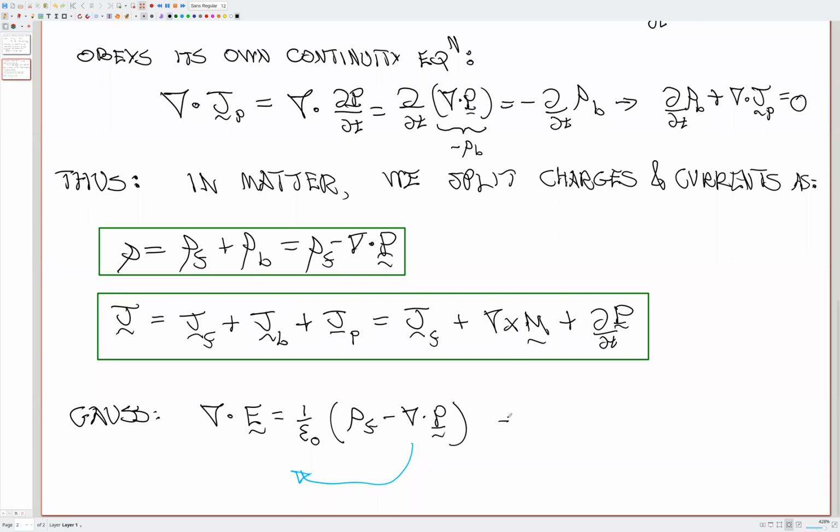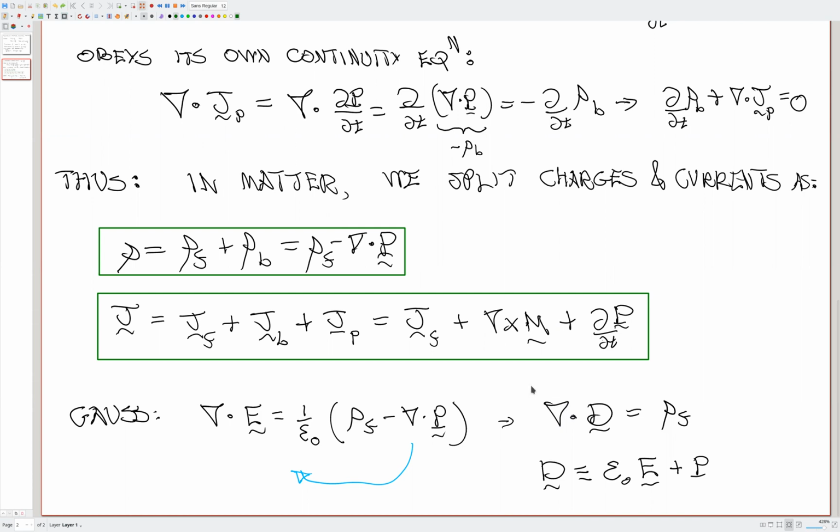So what that means is that I can write this very same Gauss equation now as the divergence of this other object that we had introduced, the displacement D, where D is by definition epsilon 0 E plus P. So again, these are absolute green square equations.